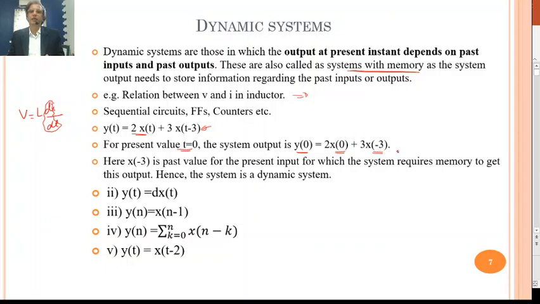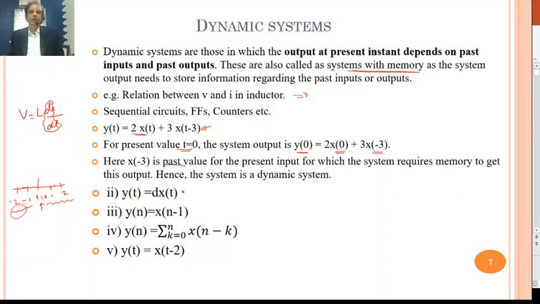Hence this system is called a dynamic system. The past value is x of minus 3. Because here we are taking t = 0, and 1, 2 are on one side, and minus 1, minus 2 on the other. These are the past values for t = 0, and these are the future values.